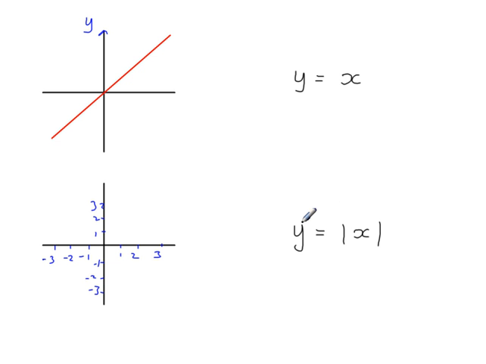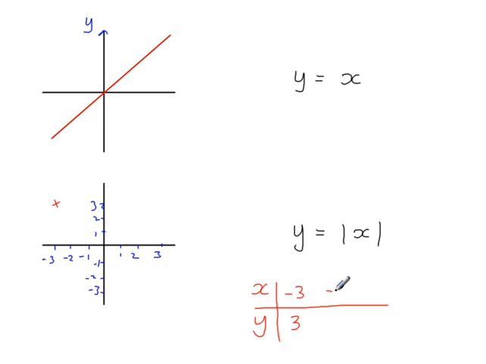So when x is equal to -3, the modulus of -3 is +3. So x is -3, y is +3.